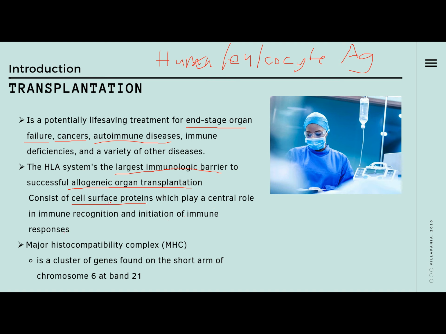So remember that. Siya yung pinakamalaking immunologic barrier responsible for successful allogenic organ transplant. Now, another thing you need to take note of here is the so-called major histocompatibility complex, or your MHC. This is a cluster of genes found on the short arm of chromosome 6 at band 21.